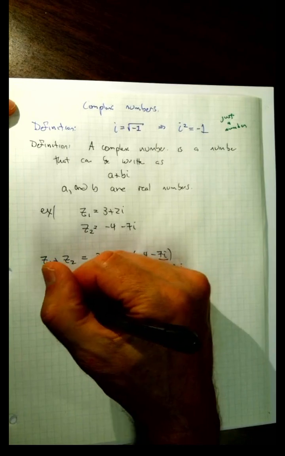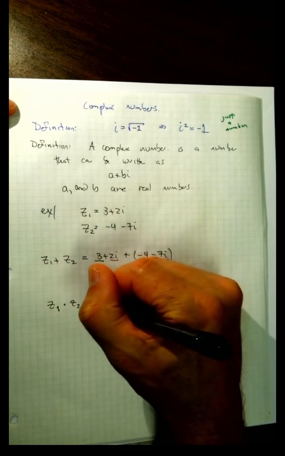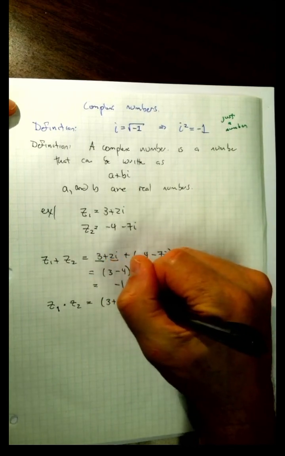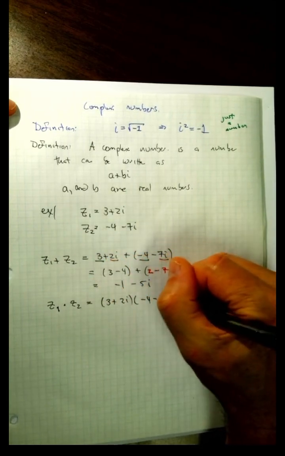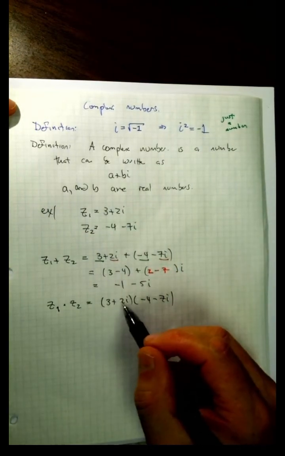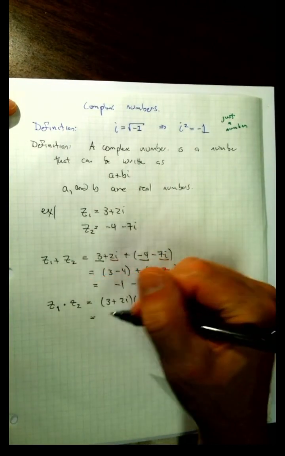I can also define multiplication. And this is going to be a little trickier in that I've got to obey the laws of algebra. So I'm basically taking the product of the sum of two things, so I've got to FOIL this out. So let's do this.